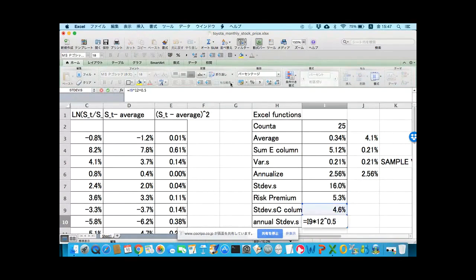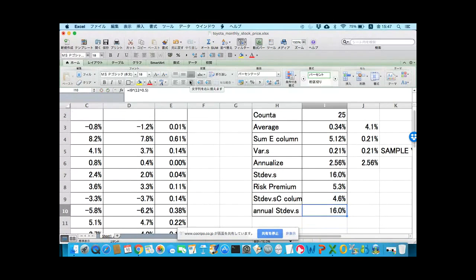You just multiply by the square root of 12, right? The square root of 12 times the monthly would be the annualized standard deviation. So these are the same. Of course, they need to be the same.